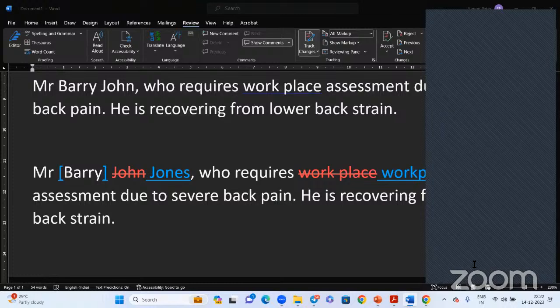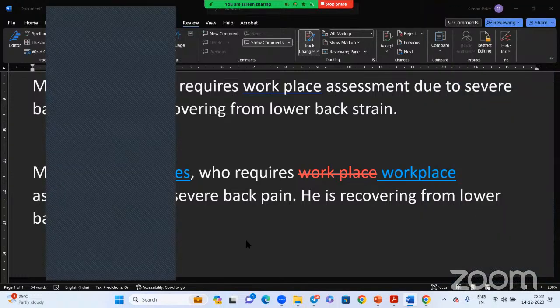Okay. Next. Number 3. Now this girl has made another mistake. She has written "workplace" as 2 words, and it is actually 1 word.